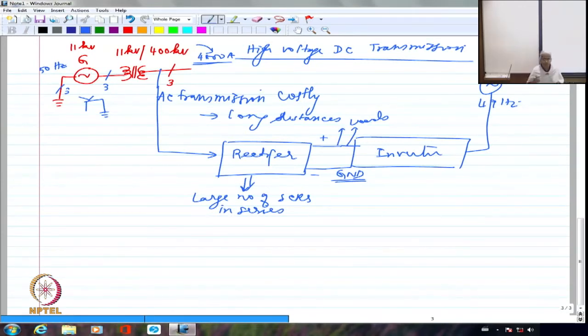So the SCR may be only this much, but all the paraphernalia which is added will generally be too big, and the heat sink, and so on and so forth. So many things will be there. So this is typically the case when we talk about series operation and parallel operation of SCRs. Now let us go over to the commutation circuit.